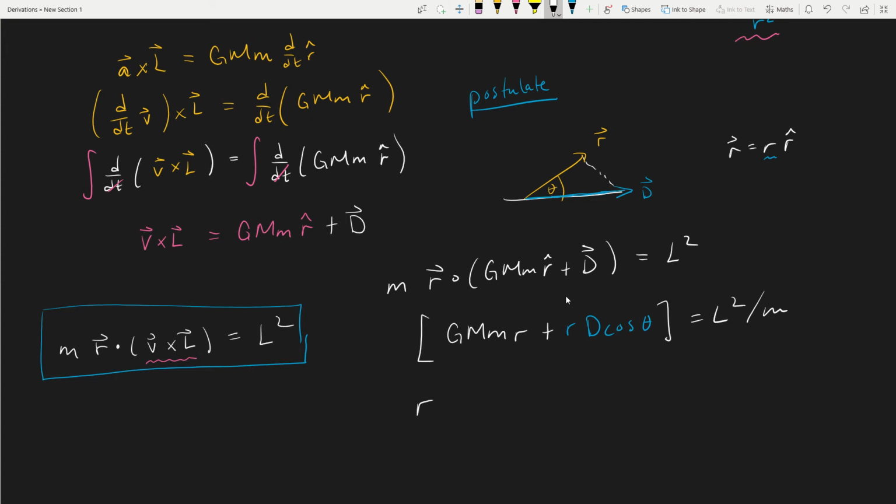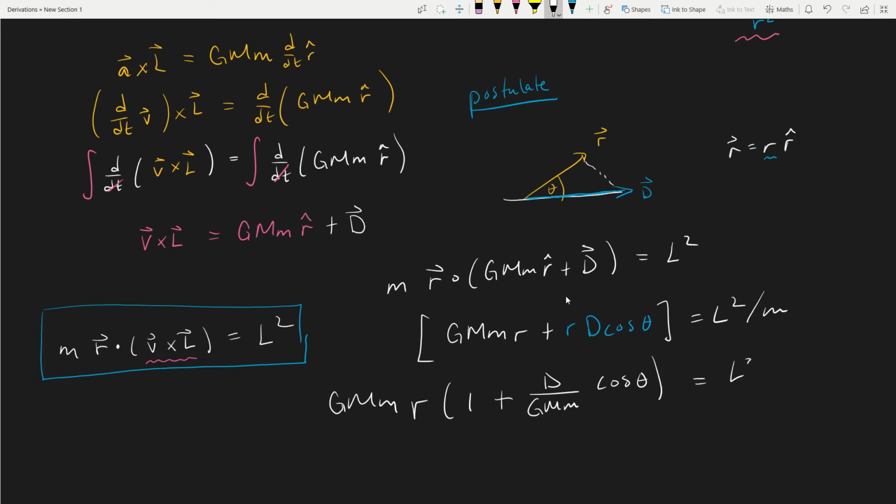We leave the GMm outside of r, and then we take our vector d and divide it by GMm in order to make that equal again, times cos theta.